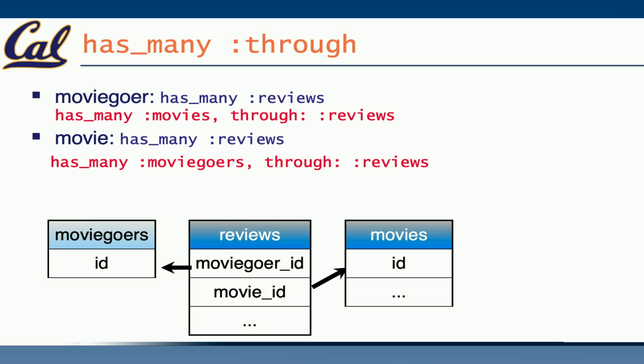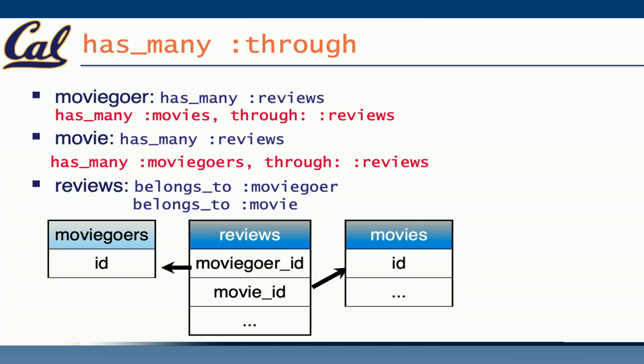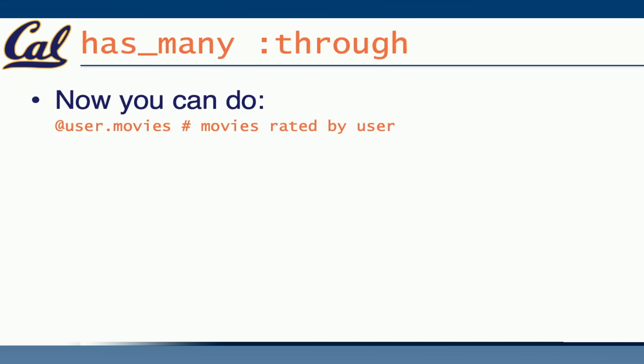These has many through relationships exist all over the place. Our reviews will still have the belongs to associations linked to them, which make getting from review to a movie or a moviegoer easy.